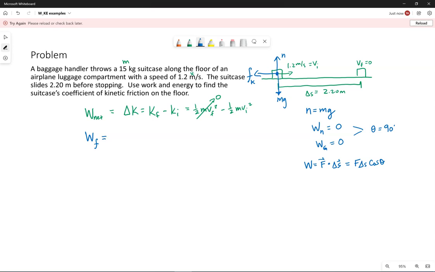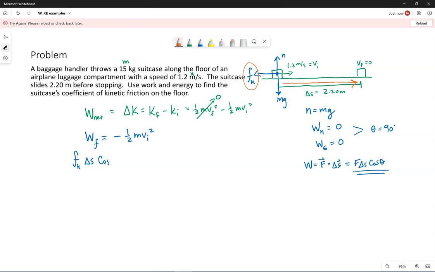And because the final kinetic energy is 0, we get 0 minus 1/2 mv initial squared. So the work done by friction, using this equation to the right here, will be the force of kinetic friction times the distance it acts over times the cosine of the angle between the force and the displacement. The baggage is sliding to the right, while friction is acting to the left.